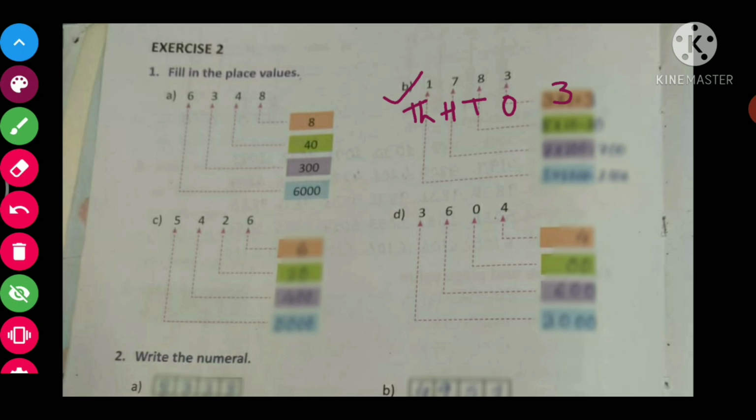Now 8 stands in the tens place, so we'll write 8 with 0, 80. 7 stands in the 100 place, so we'll write 7 with 2 zeros, 700, because 100 has 2 zeros. Now 1 stands in the 1000 place, so we'll write 1 and we'll give 3 zeros.